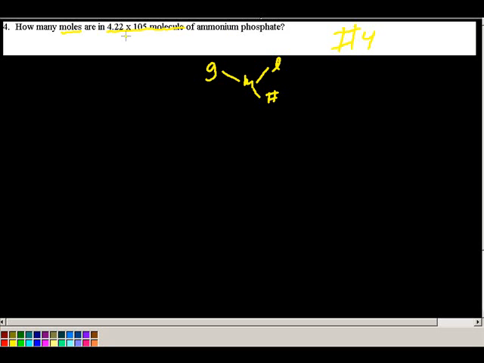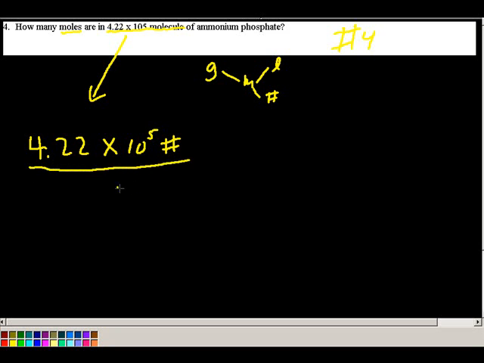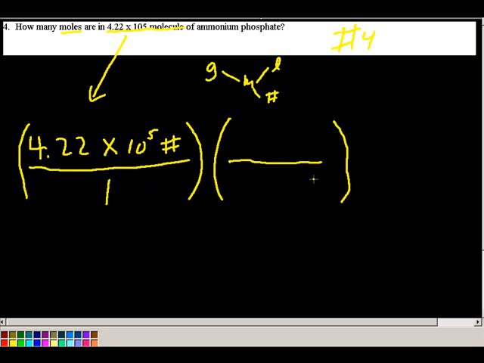So I'm going to place the number given, 4.22 times 10 to the 5th is the number of items. I must use a symbol, number, it's not a hashtag, over 1. Number down here, actually.